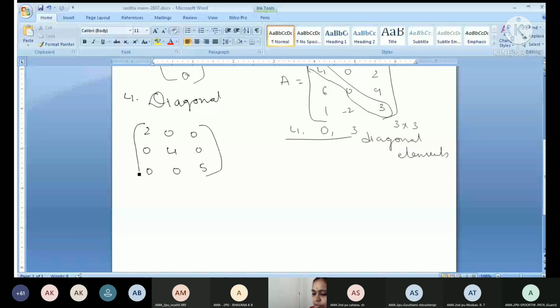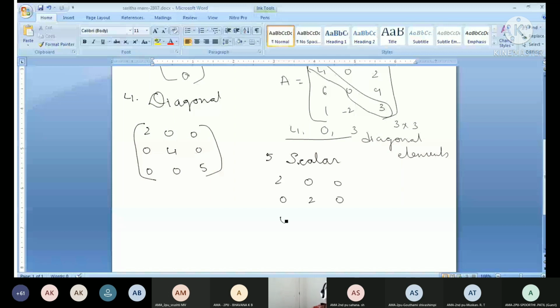So this is a diagonal matrix. Here I will immediately take the scalar matrix also, because you have a doubt about how to differentiate diagonal and scalar. Let me take the scalar matrix now itself: 2 0 0, 0 2 0, 0 0 2.